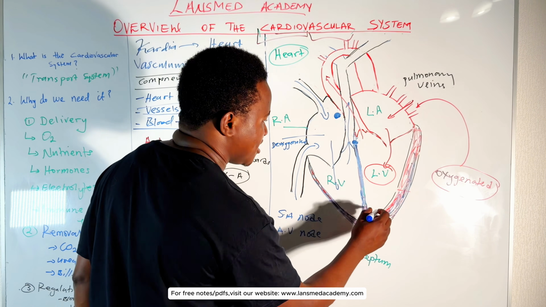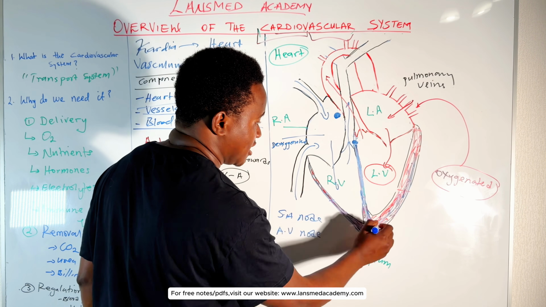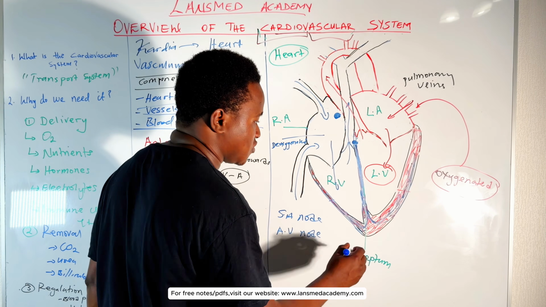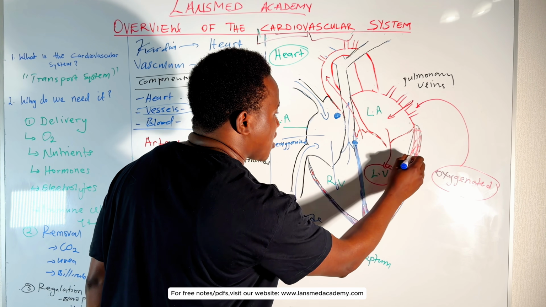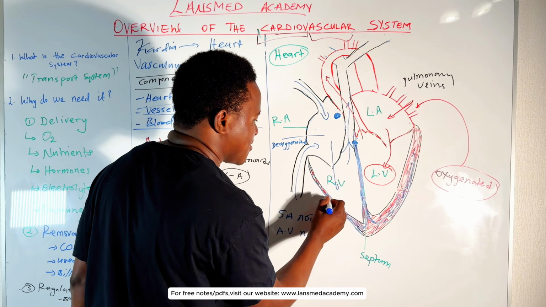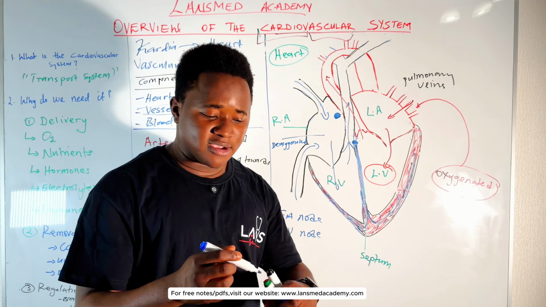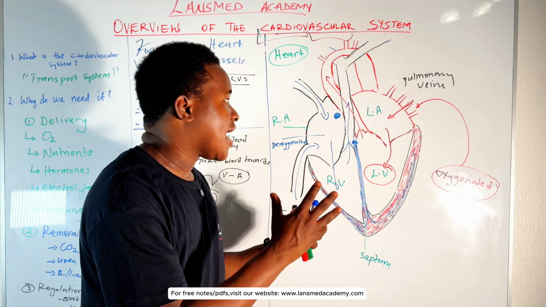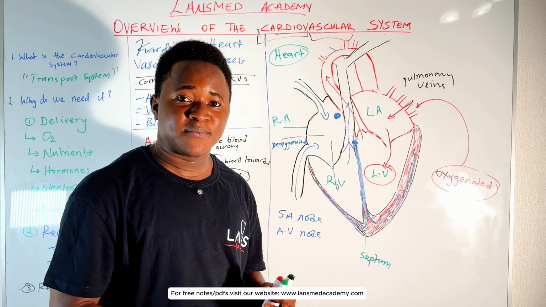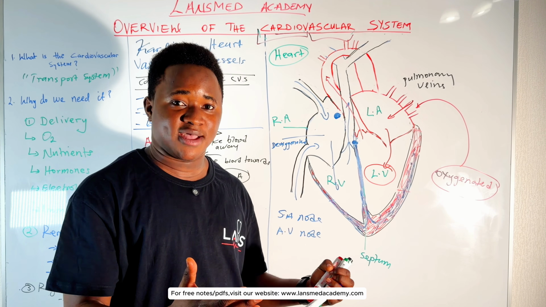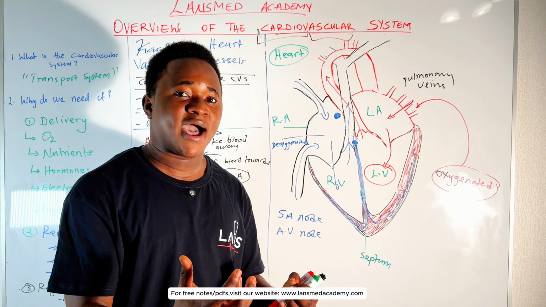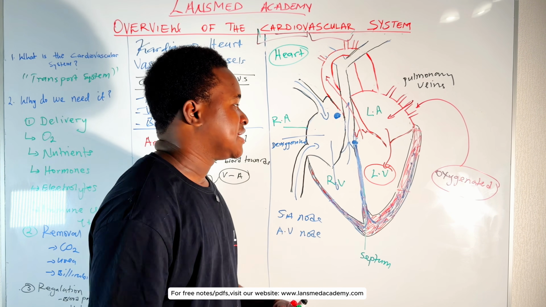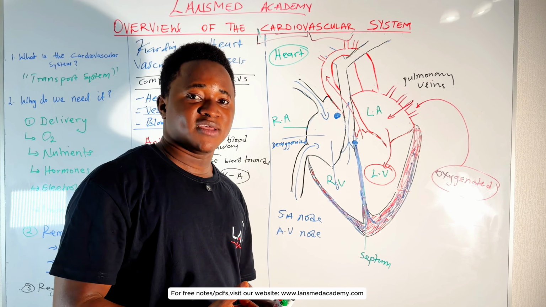Then in the myocardium of the ventricles, we have the Purkinje fibers. But in our physiology lecture, I'm going to explain in detail how the electrical conducting system of the heart works, that enables the heart to contract and eject blood all over the human body.